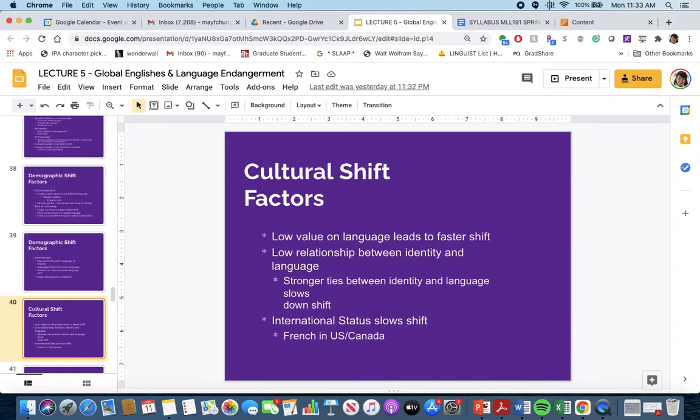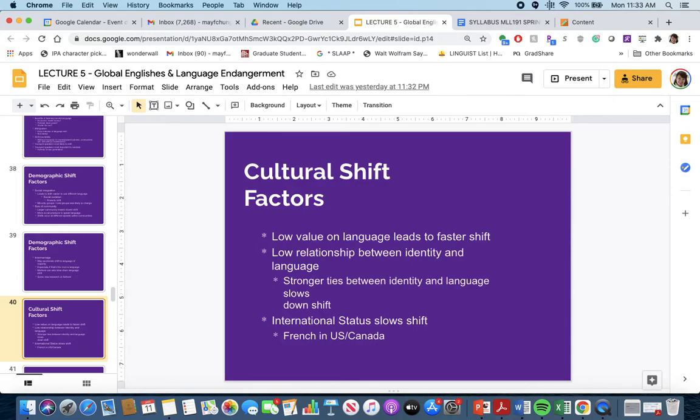So there could be a cultural shift in values. A low value to language leads to a faster shift. So, for example, if people look down on you for speaking Spanish, right, in your area, then you probably wouldn't want to speak Spanish. But if you live in places where Spanish is the norm, California, Texas, Arizona, New Mexico, yeah, you'll keep your Spanish, right, because you have a high value of the language depending on where you're from.